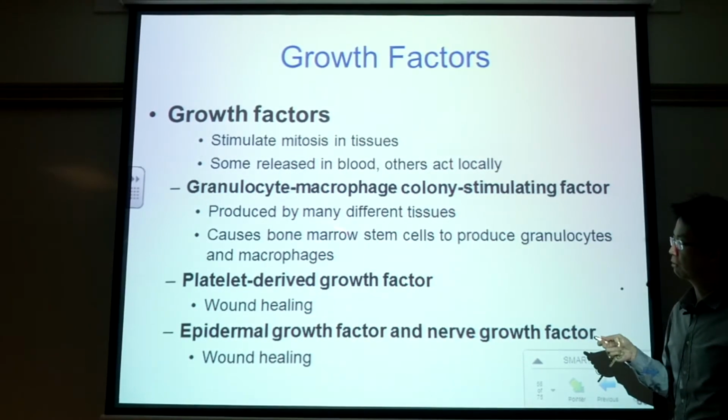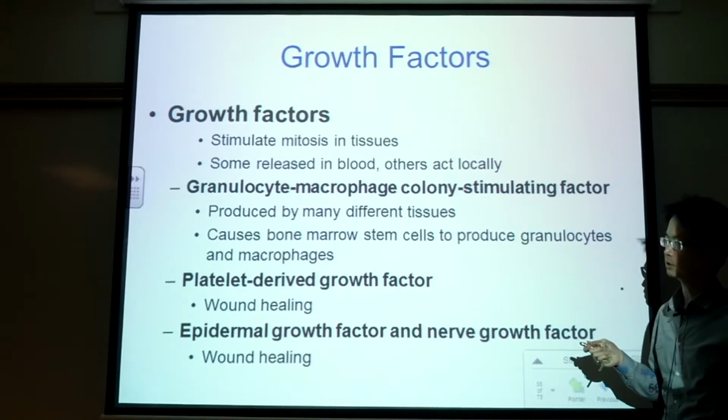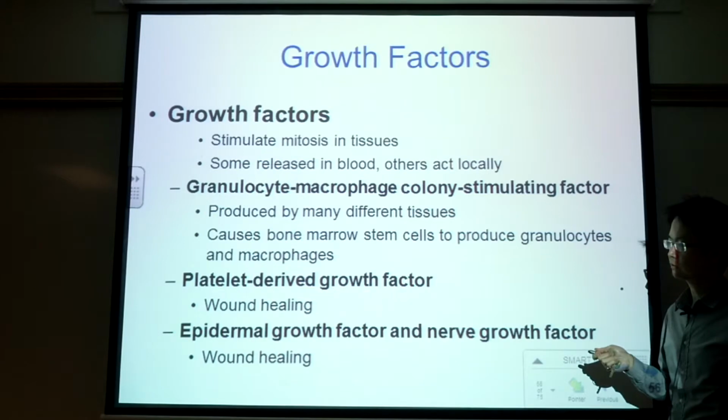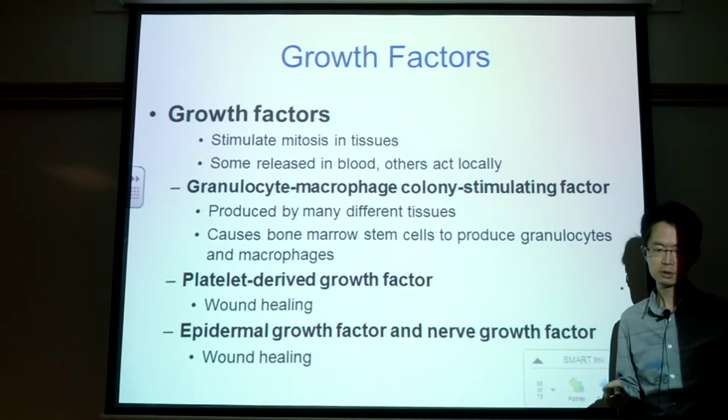It causes the bone marrow stem cells to make more granulocytes and macrophages. Basically, that's the major function. Platelet-derived growth factor is for wound healing. The reason is that it has something to do with platelets. And then epidermal growth factor or nerve growth factor, also for wound healing.